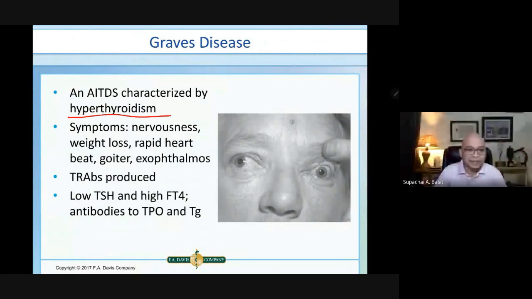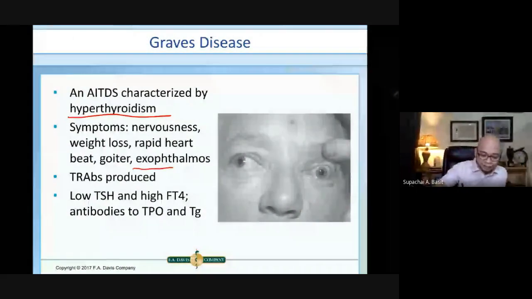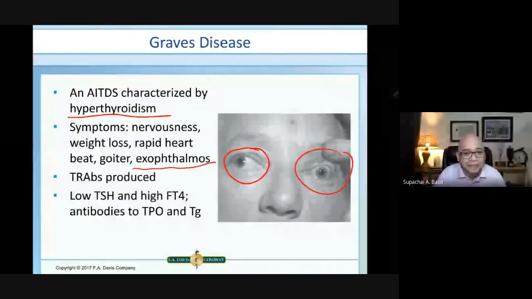The goiter in Hashimoto thyroiditis is rubbery, but the goiter in Graves' disease is firm, and it is characterized by exophthalmos. Exophthalmos is the hypertrophy of the eye muscle that causes the eyeball to bulge out.